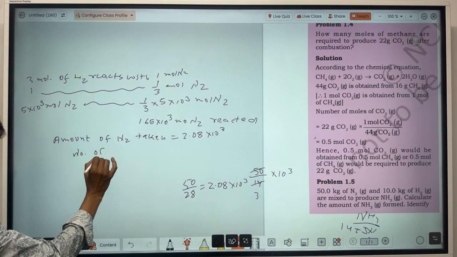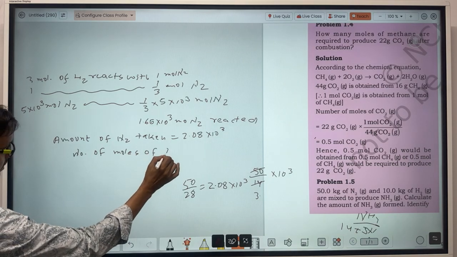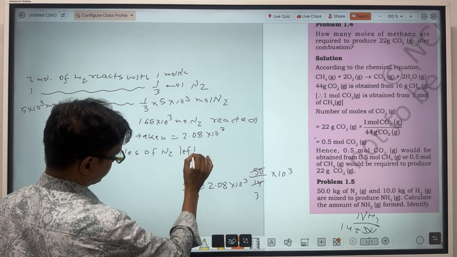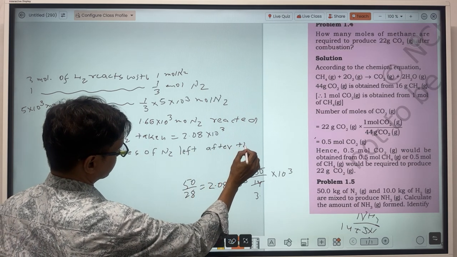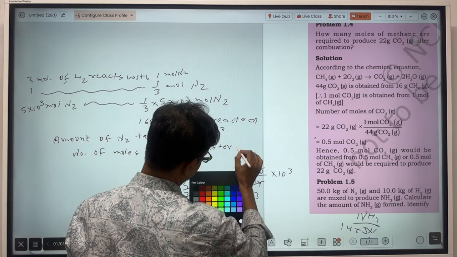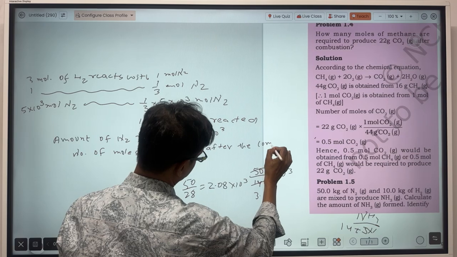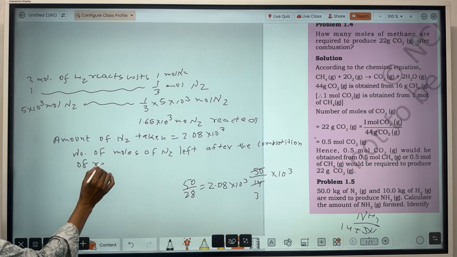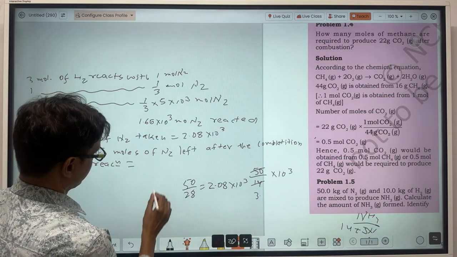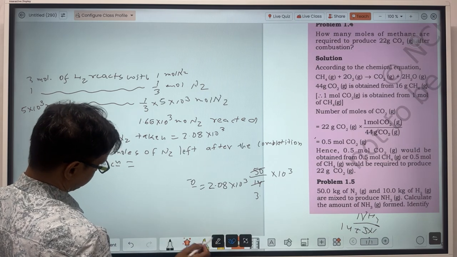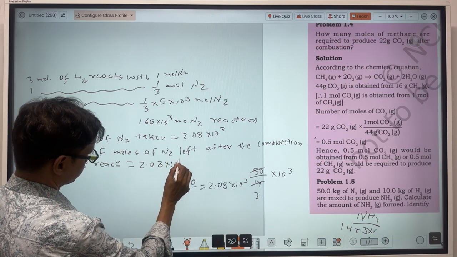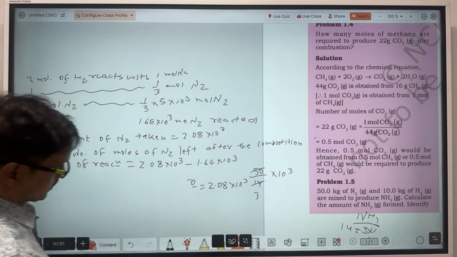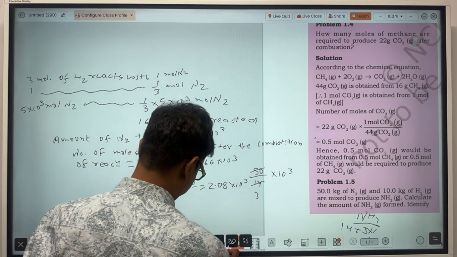So the number of moles of nitrogen left after completion of the reaction: subtract 2.08 minus 1.66.